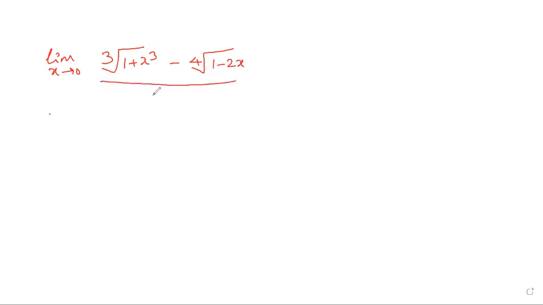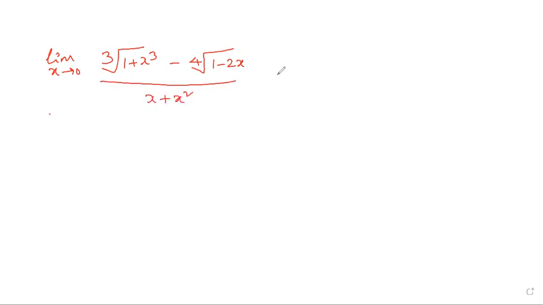The problem is: limit x tends to 0 of cube root of (1 plus x) minus fourth root of (1 minus 2x), over x plus x square.